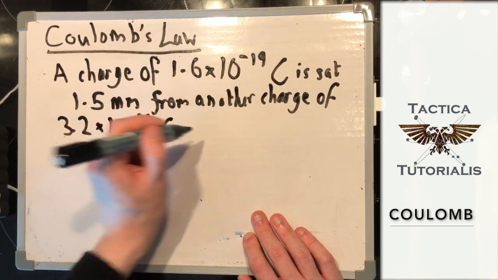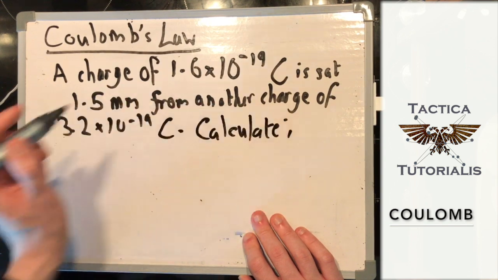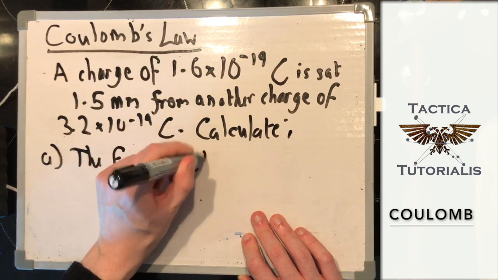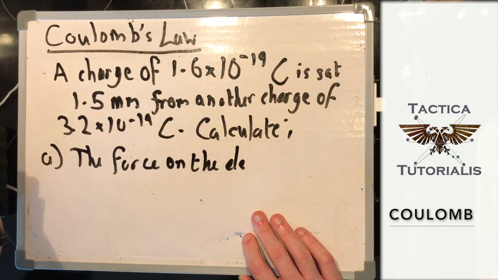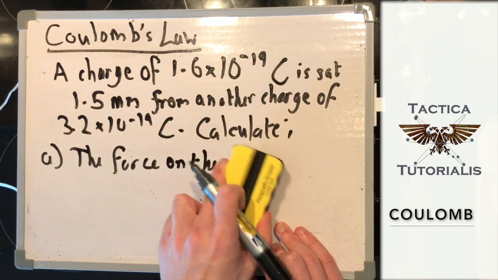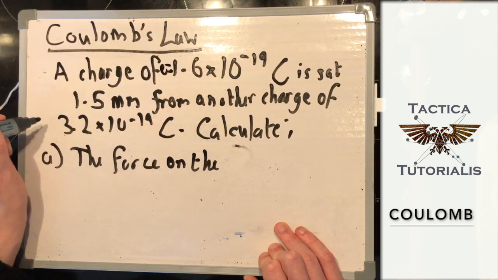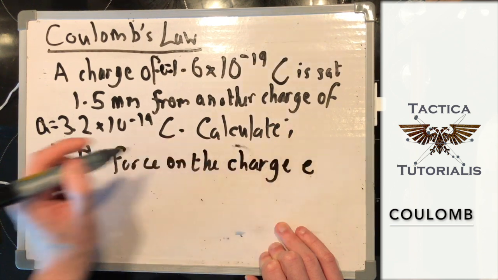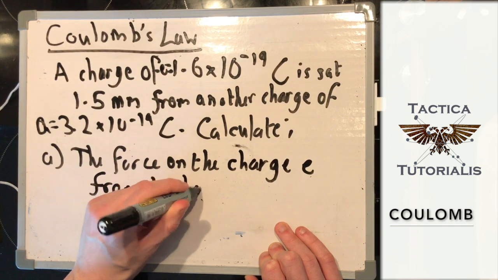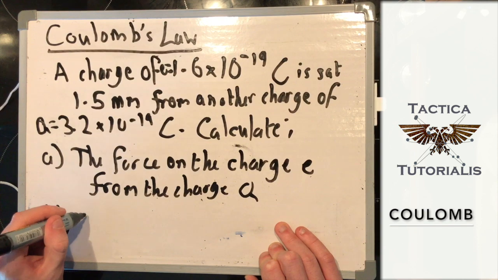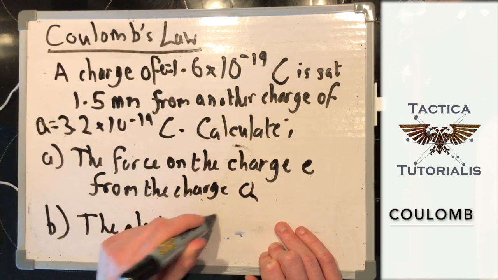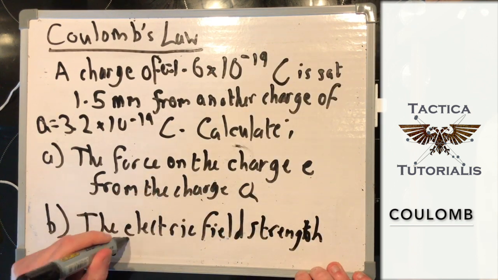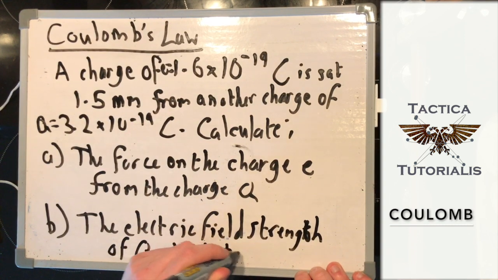Just for argument's sake, calculate A, the force on the electron, of E, and we'll call that one Q, on the force on the charge E from the charge Q, and then B, the electric field strength of Q at that point.